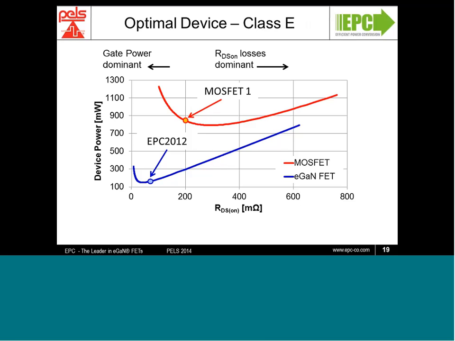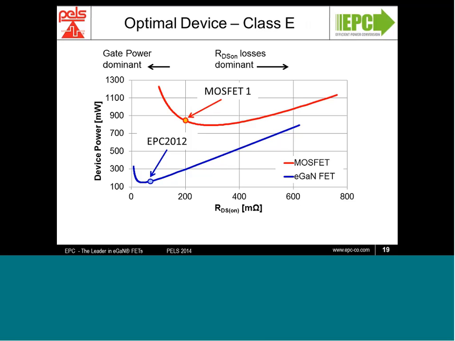When we go to the left side of the curve, we become gate drive power dominant as the gate becomes very capacitive as the RDS on is going down, and the losses in the gate drive and the gates circuit will increase. On the right-hand side, we have a linear rise in the losses of the device, and that is primarily driven by the on-state resistance of the device.